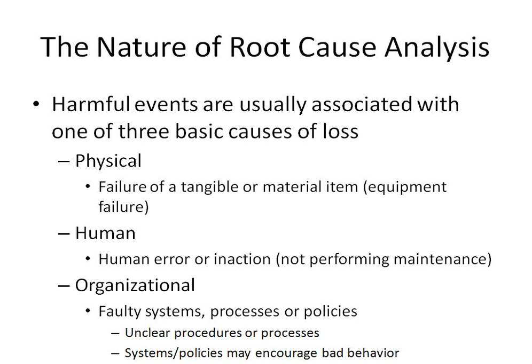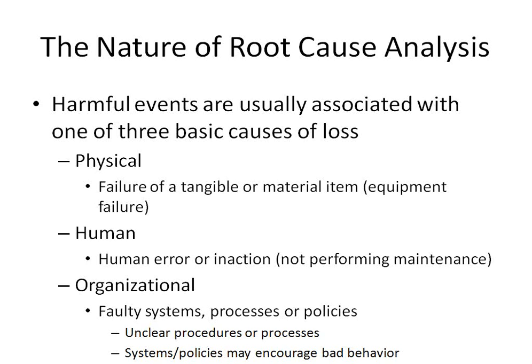And so again, when we think about root cause, we go look for what the challenges are, and that's how we can now fix it. So again, that would be a physical example. A human cause would be human error in action. So in this case, it's not performing a specific activity correctly, like texting while driving, something like that.